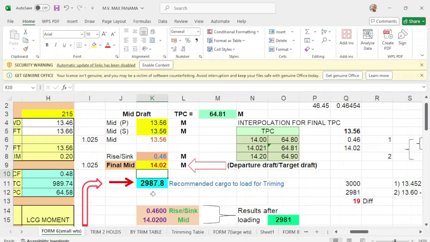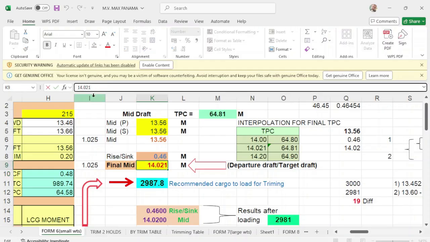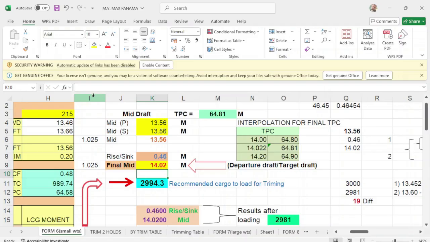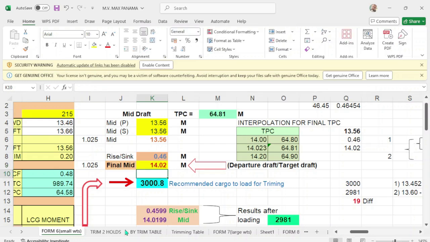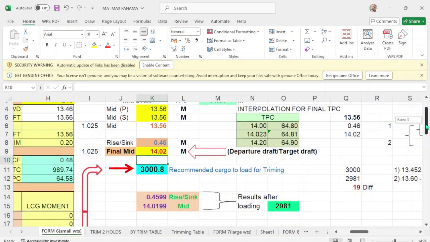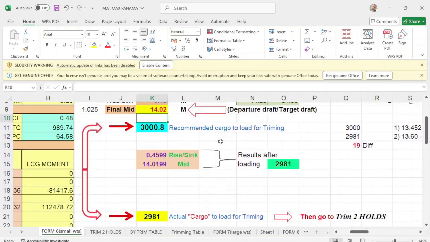Okay, it's almost there. Then I make it 2. You enter. It's almost 3000. I go back and make this 3. Then you have 3000, without changing this one. So 3000. You scroll down and you make this 3000.